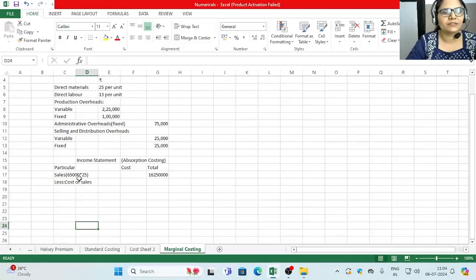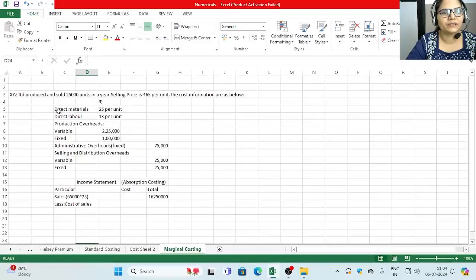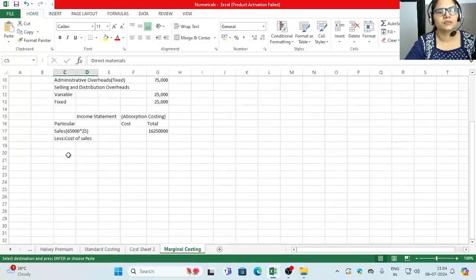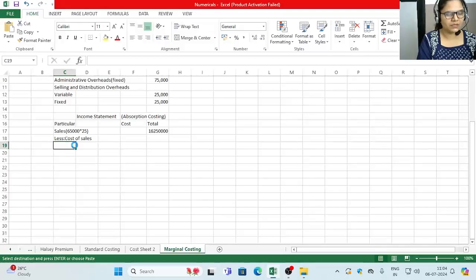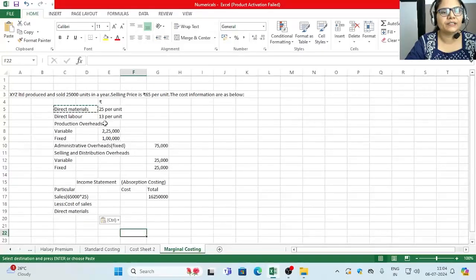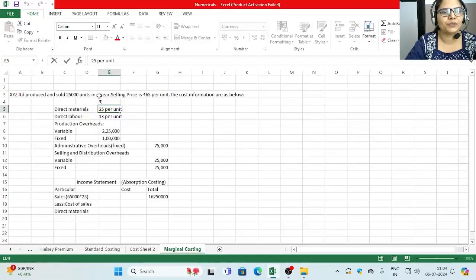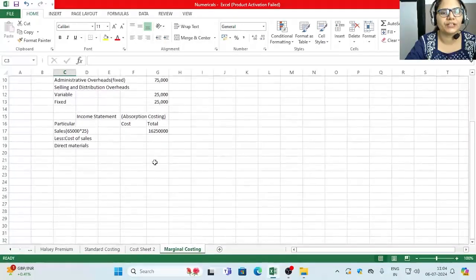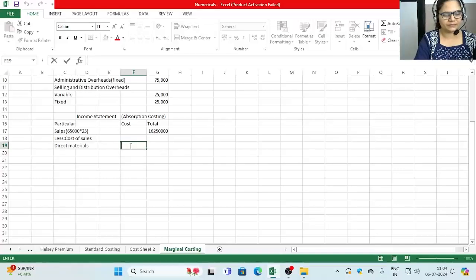Cost of sales is your direct material. Direct material we all know is given as 25 per unit, and total number of units are 25,000. 25,000 into 25 will give you 6,25,000.